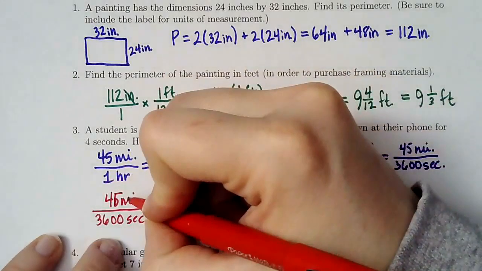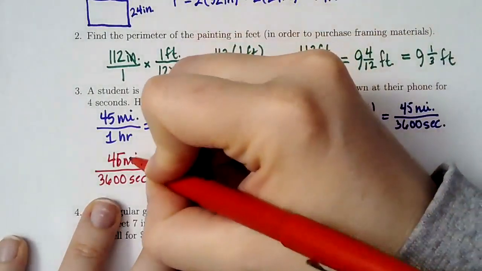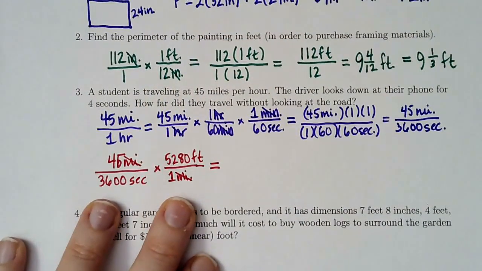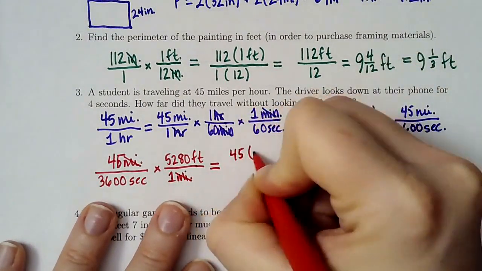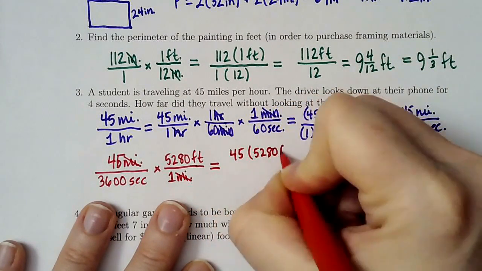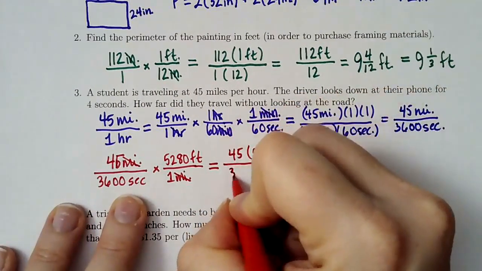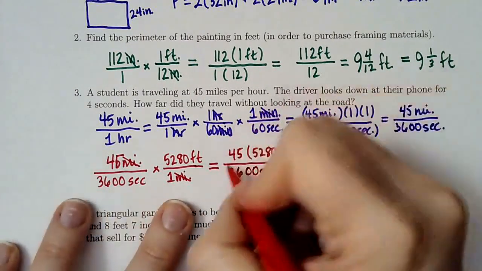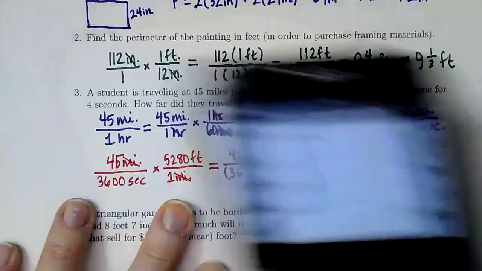Now that guides how I multiply by my ratio. Miles get canceled. In this numerator, I have 45 times 5,280 feet. In this denominator, I have 3,600 seconds times 1. So how much is that?